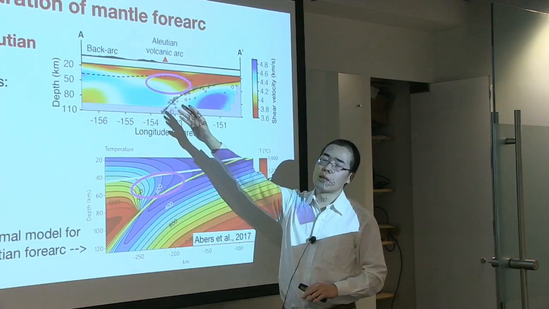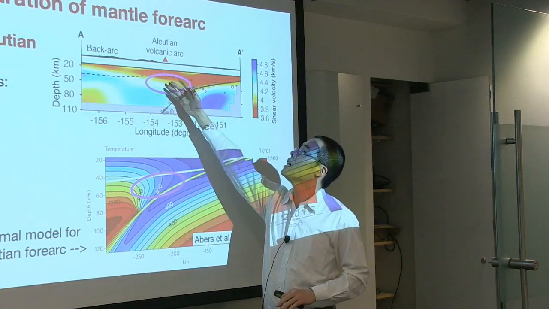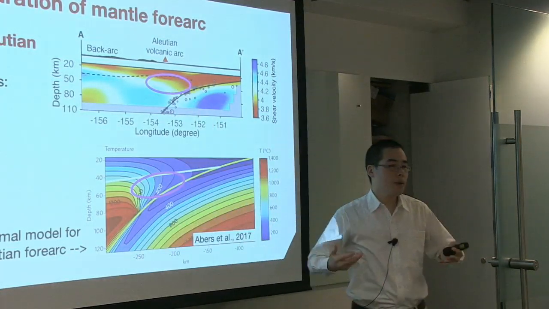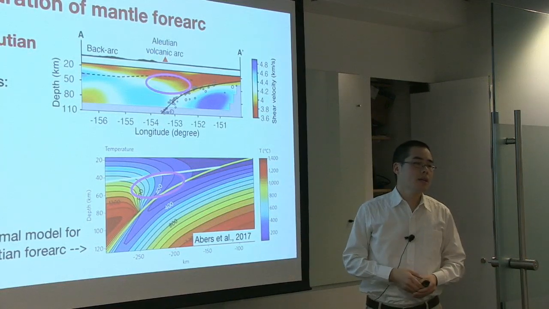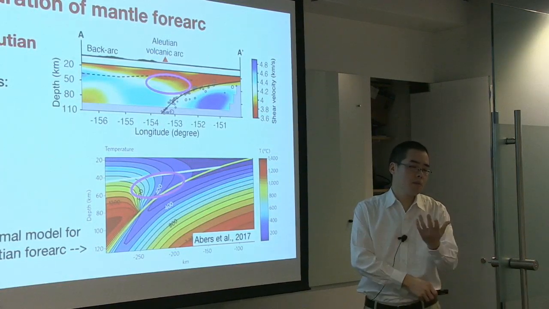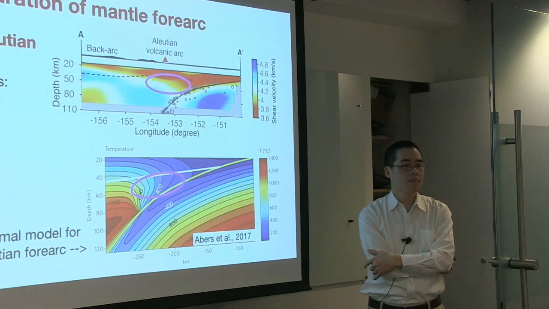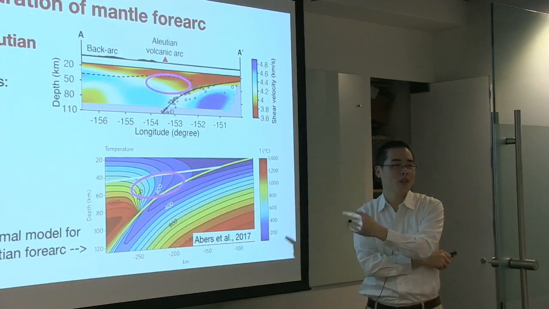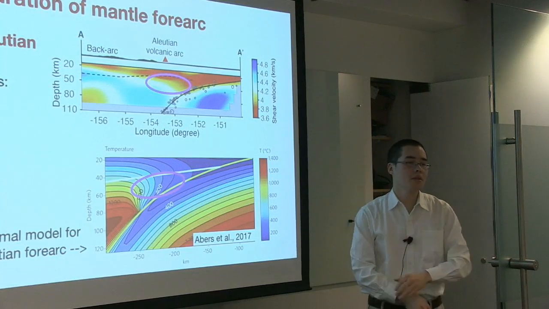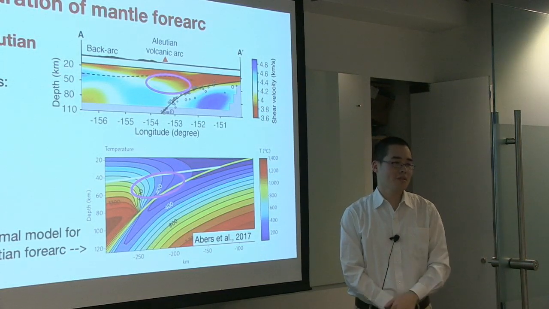Either we see, as you mentioned, the back arc extension and also the uplift of the arc. That's part of the research I'm doing now, but I'm not doing that myself, I'm collaborating with others to do that. That's a very good question. Thank you.